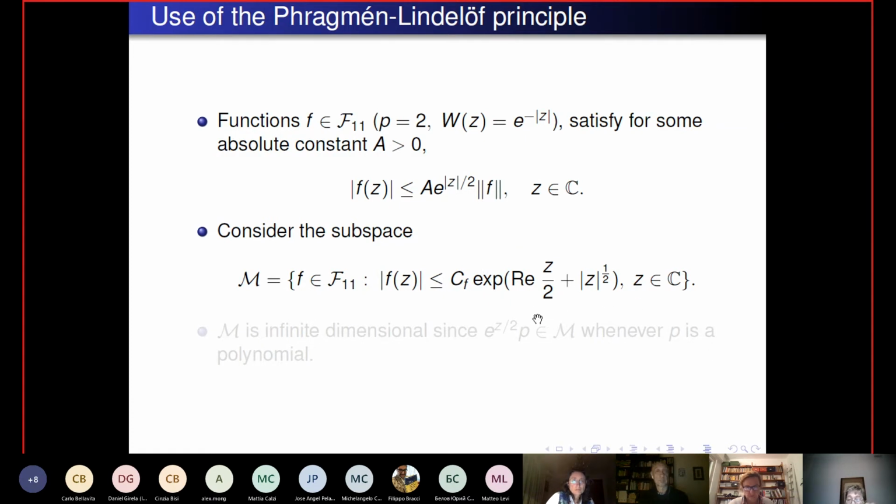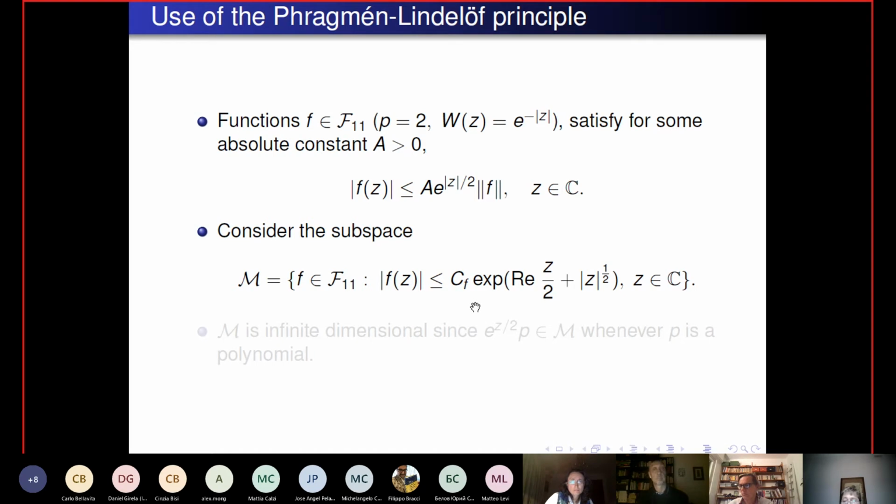Let me say a word about this. So when you are in an angle, or let's say on the positive real axis, then the growth is the same as this, right? Because this mod z to the 1 half is not going to influence that. But if you now go on the negative axis, then this becomes negative. It will beat this mod z to the 1 half, and you basically go to 0. And you realize that in angles it's similar, instead of going on the axis, you can take angles.